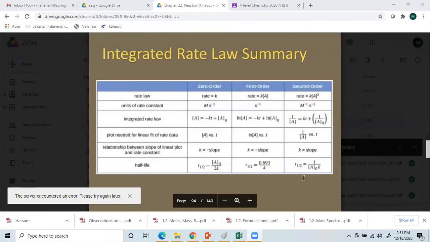For the zero order, the concentration of A equals negative kt plus the concentration of A0. For first order, ln A equals negative kt plus ln A0. For the second order, 1 over A equals kt plus 1 over A0. Okay, this is the half-life value.